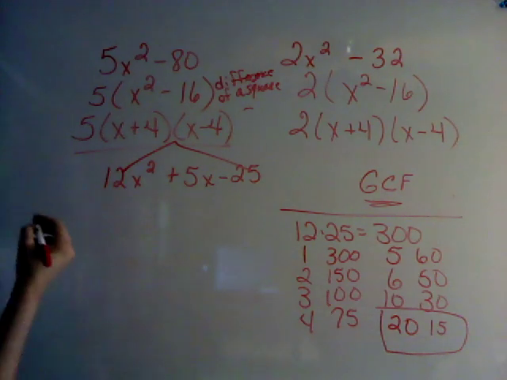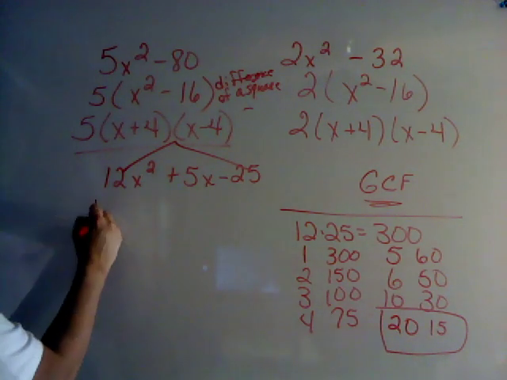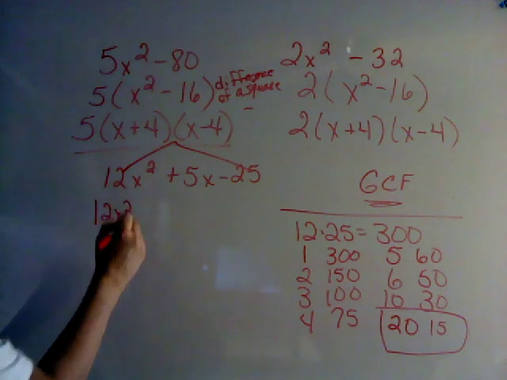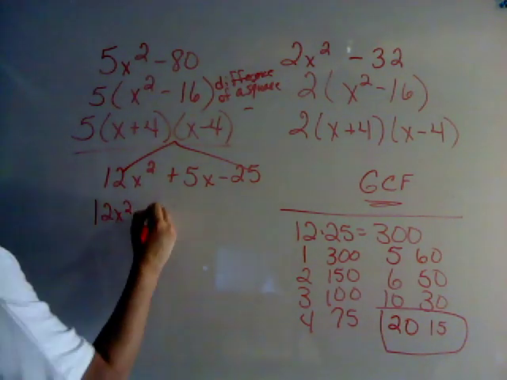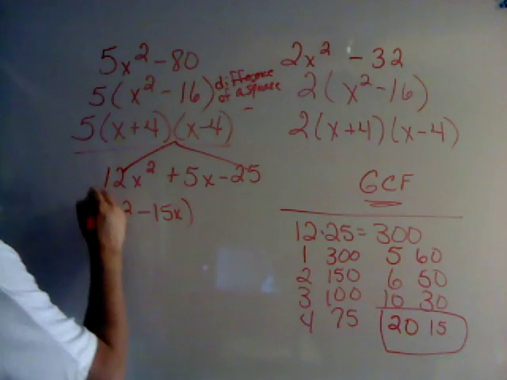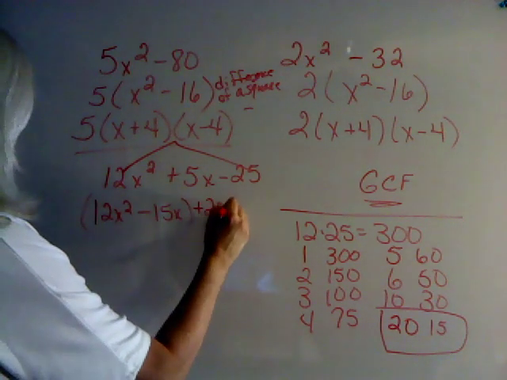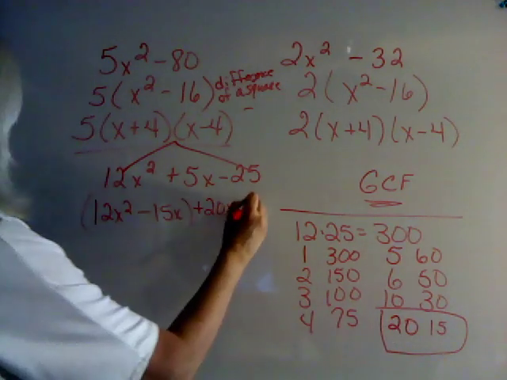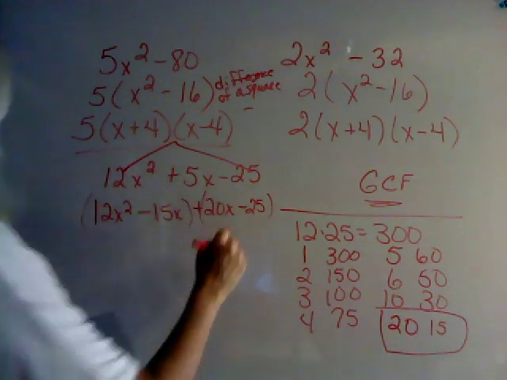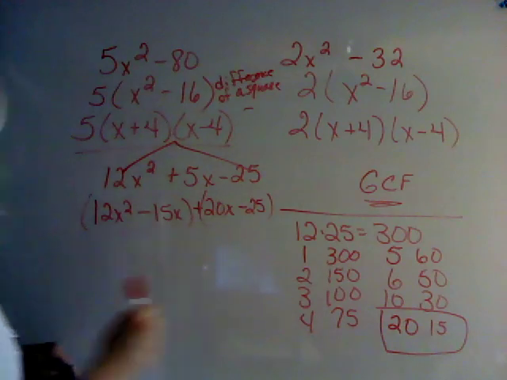So I'm going to use 12x squared minus 15x plus 20x, which I'm getting from here, minus 25. Now I can factor.